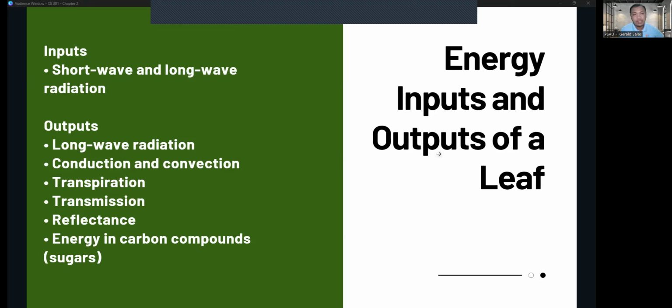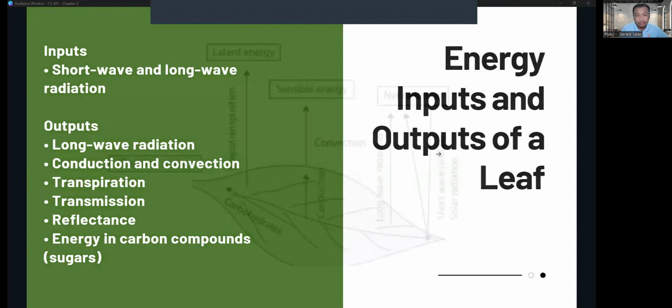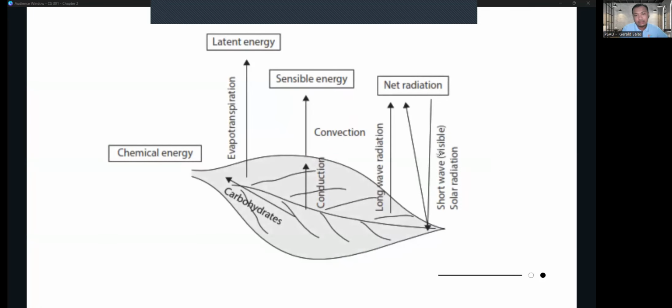It may be short wave or long wave. For the outputs, we have, of course, the long wave radiation. Sometimes energy is conducted and undergoes conduction and convection. And there's also transpiration, transmission, and reflectance, and energy in carbon compounds. So this is how it is depicted.